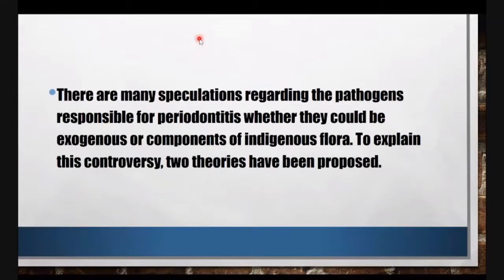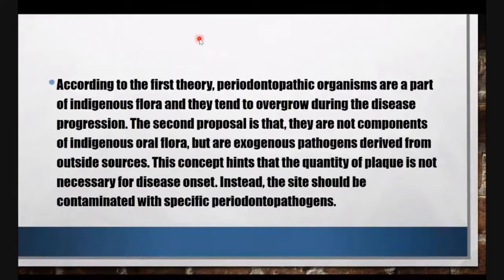There are many speculations regarding the pathogens responsible for the periodontitis, whether they could be exogenous or components of endogenous flora. To explain this controversy, two theories have been proposed. According to the first theory, periodontopathic organisms are part of the indigenous flora and they tend to overgrow during the disease progression.